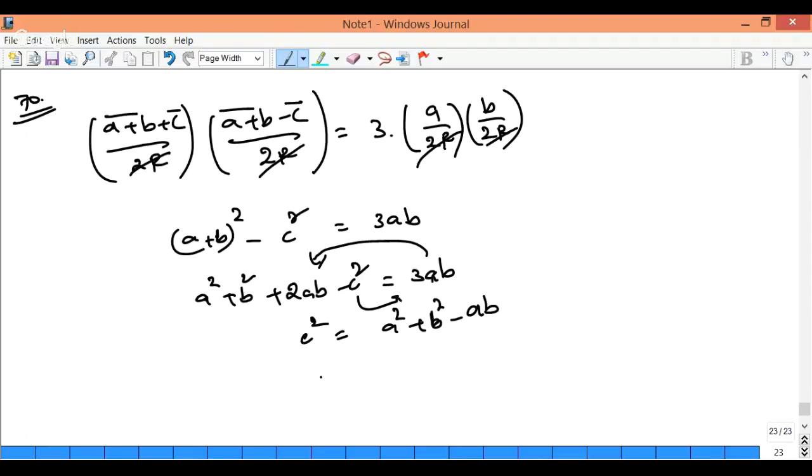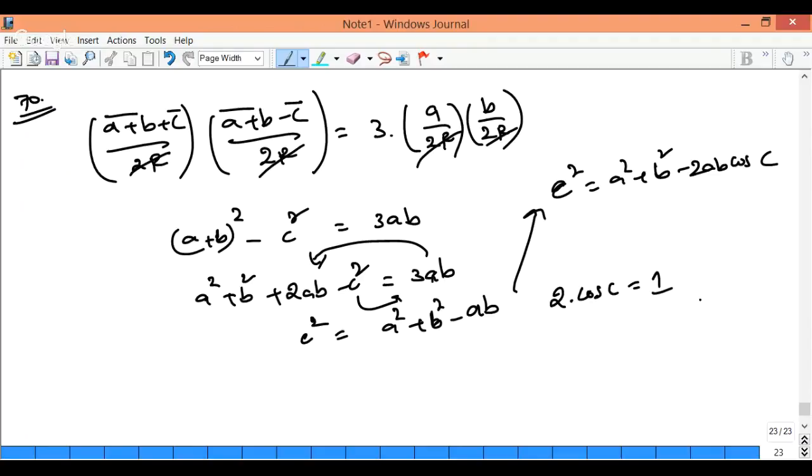Now compare this equation with c square is equal to a square plus b square minus 2ab cos C. When you compare these two equations, we get 2 into cos C is equal to 1.